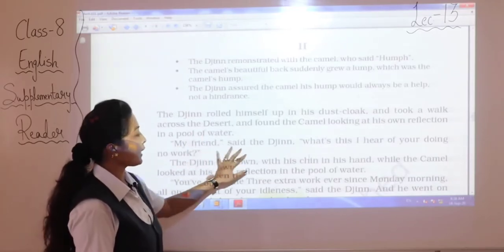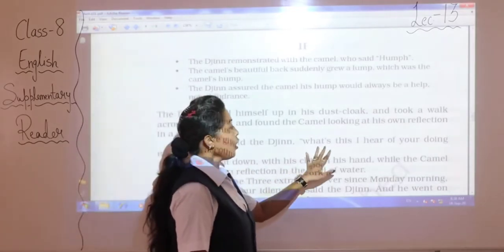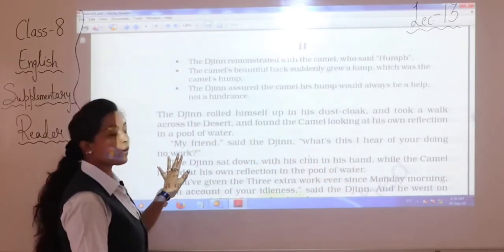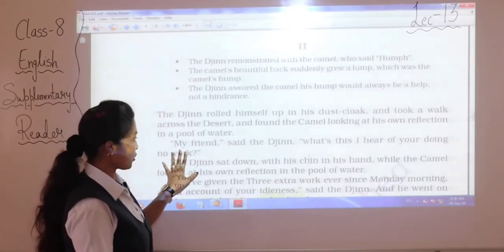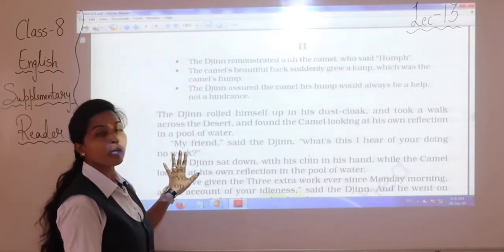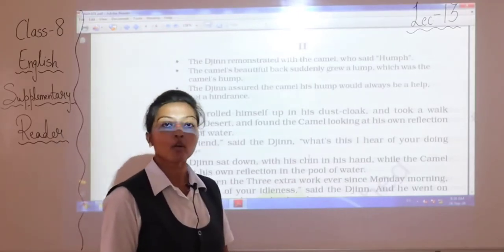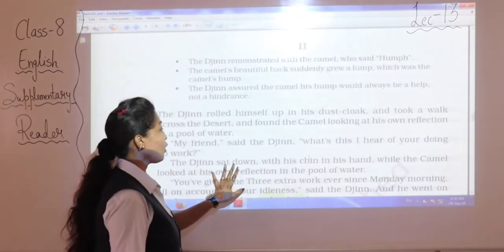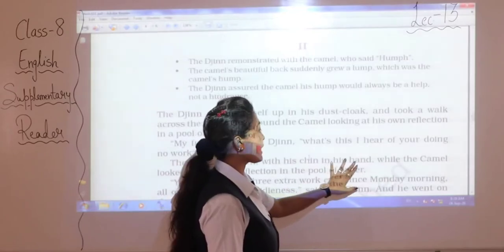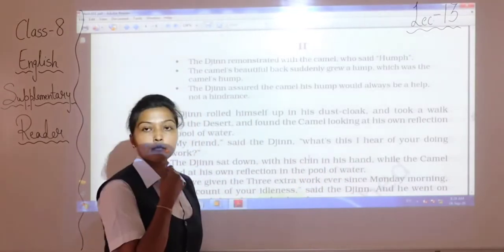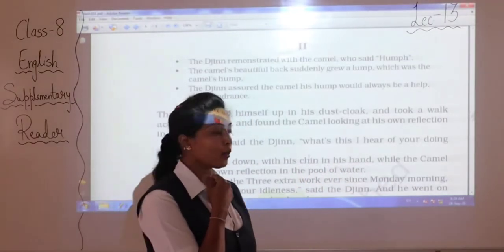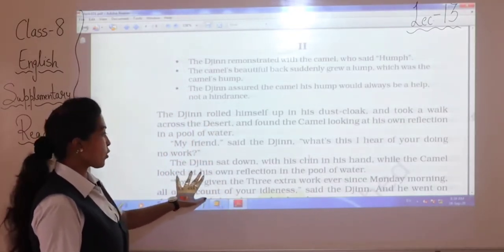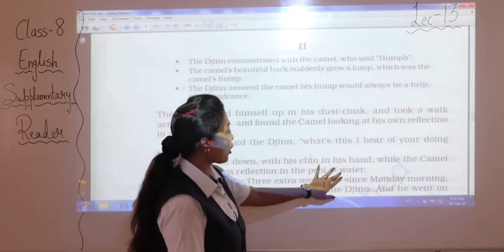"My friend," said the jinn, "what's this I hear of your doing no work?" Then the jinn said to the camel, what I am hearing about you, that you are not doing any work. The jinn sat down with his chin in his hand, means he put his hand on his chin, while the camel looked at his own reflection in the pool of water.